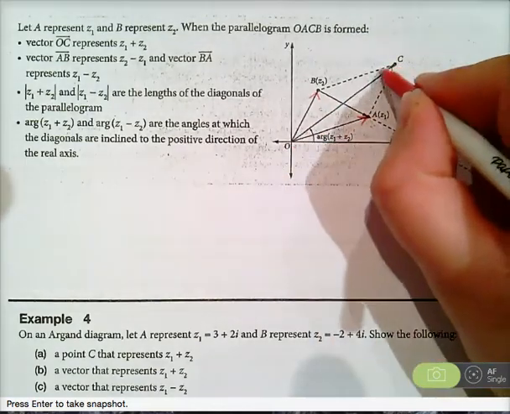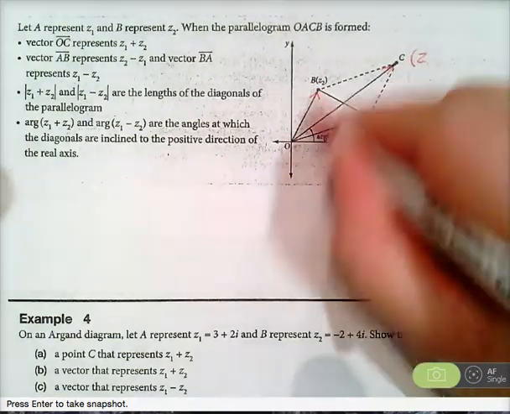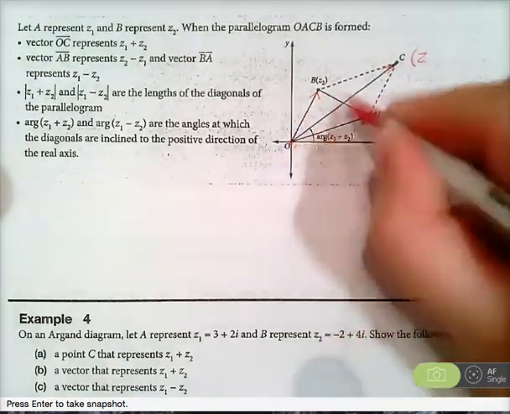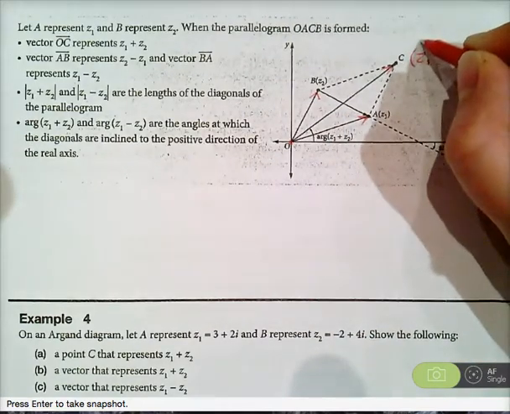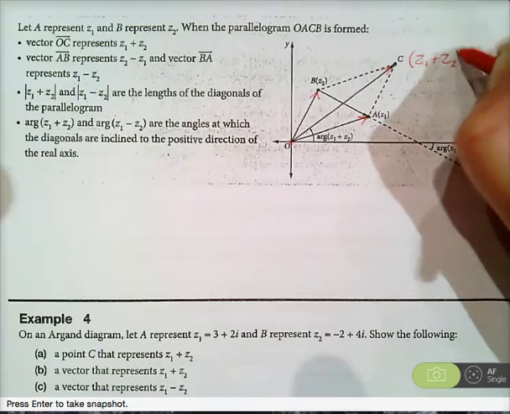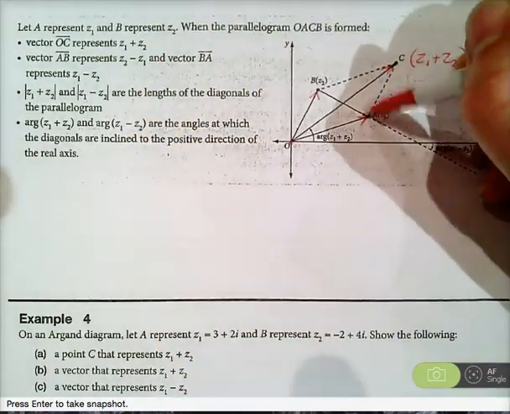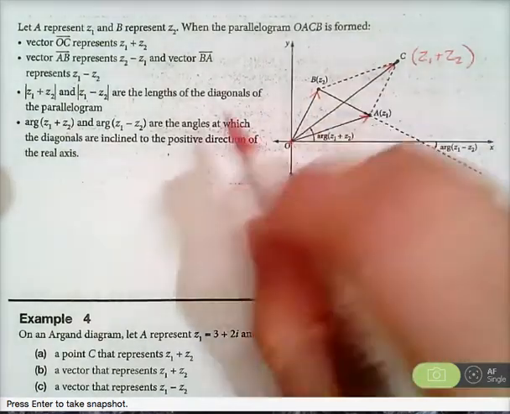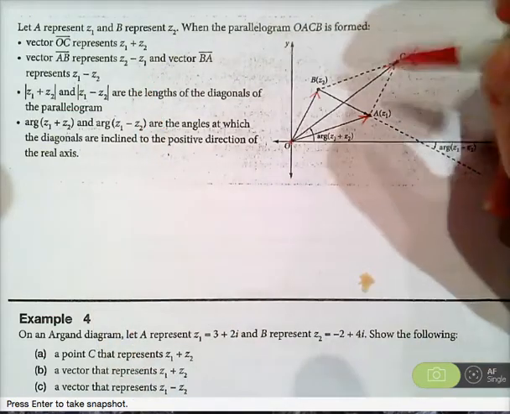Now it means that the vector OC going that way represents, because we're forming the parallelogram with the corners here and going out there, and then we form the parallelogram like that. So the vector OC represents Z1 plus Z2. Now, this vector AB represents Z2 minus Z1.